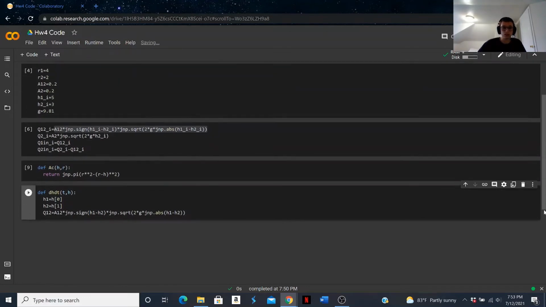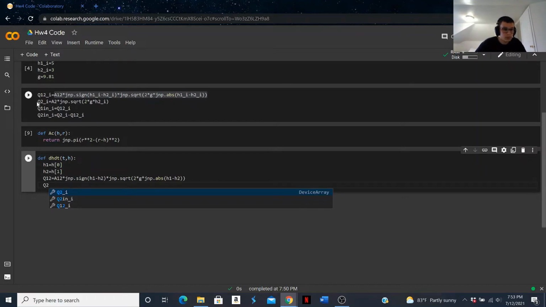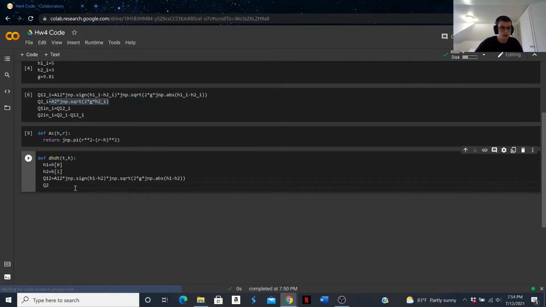We're just starting at steady state, and now we're beginning to look at how our flow rates are changing with that height and over time. Same thing for Q2. This is Q2 initial. We can just take this down, basically just take that away.